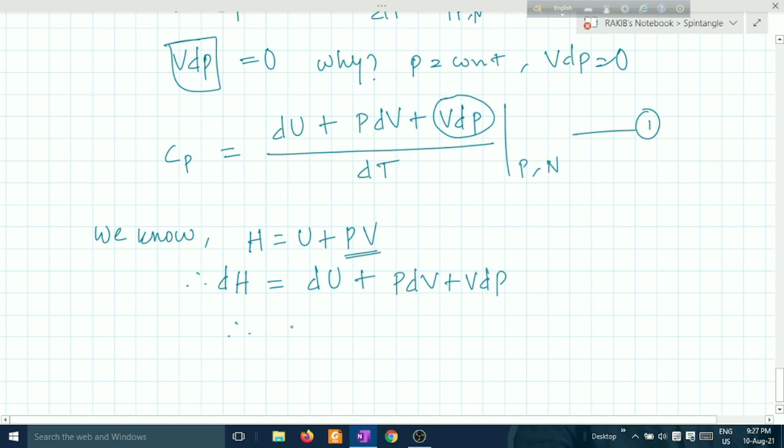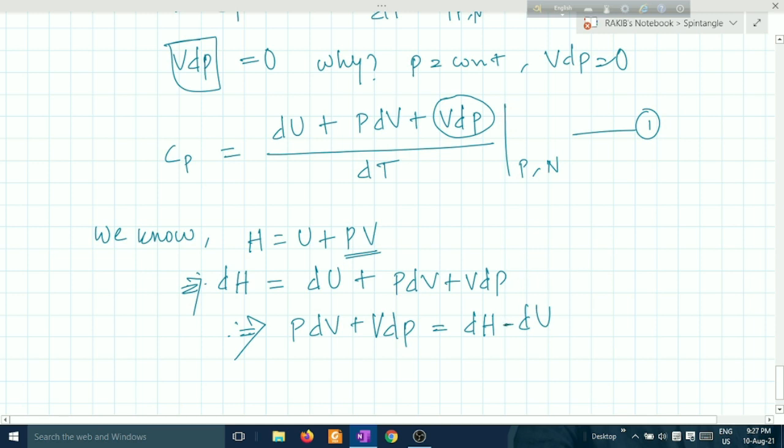From this, we can write pdV plus VdP equals dH minus dU.